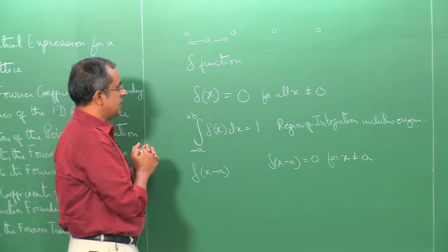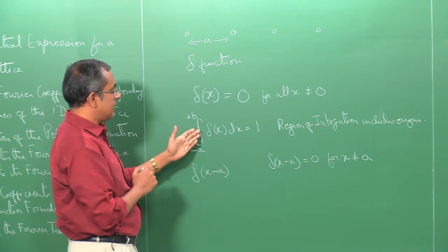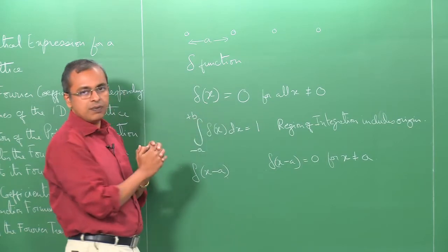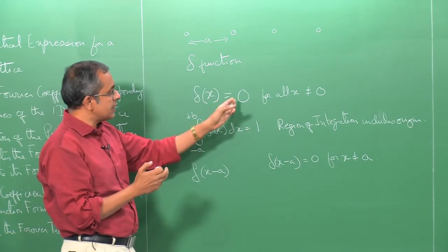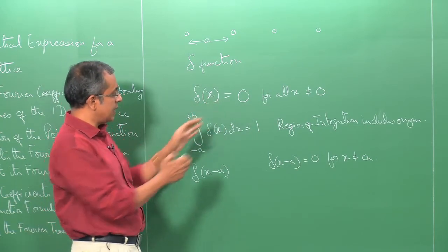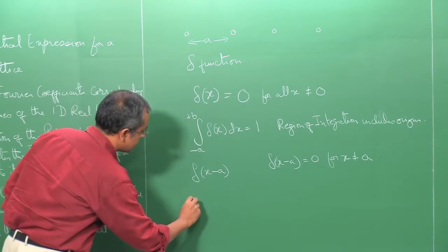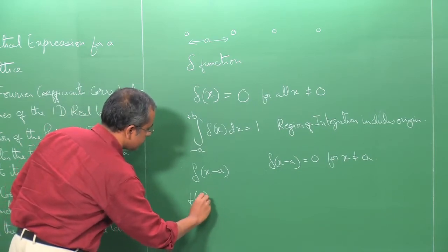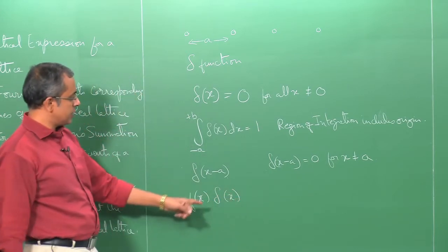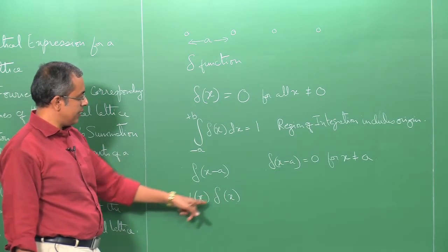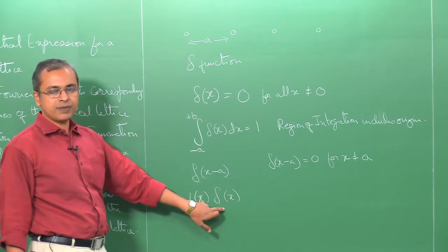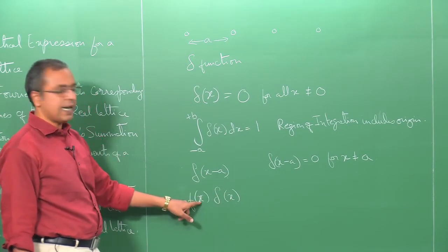One of the interesting features that this function provides you is that if you multiply this with any other function, that product will now evaluate to 0 at all values other than the origin, right, because at all other values of x, if you write f of x times this, you create a situation that this is going to evaluate to 0 at all values of x not equal to 0, because this function is equal to 0 at all values of x not equal to 0. So, it will only have a value at x equal to 0.